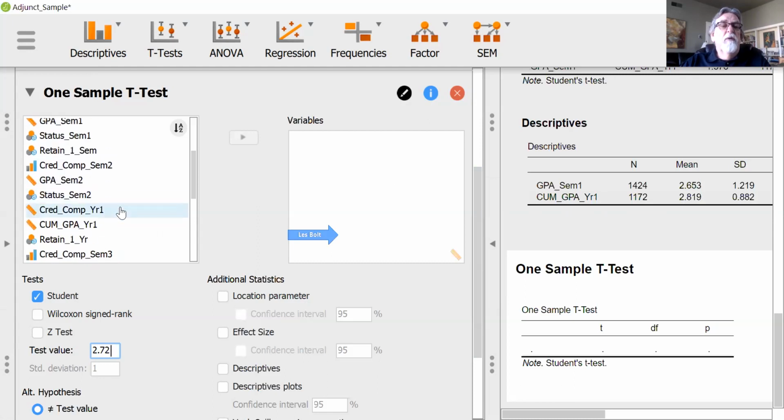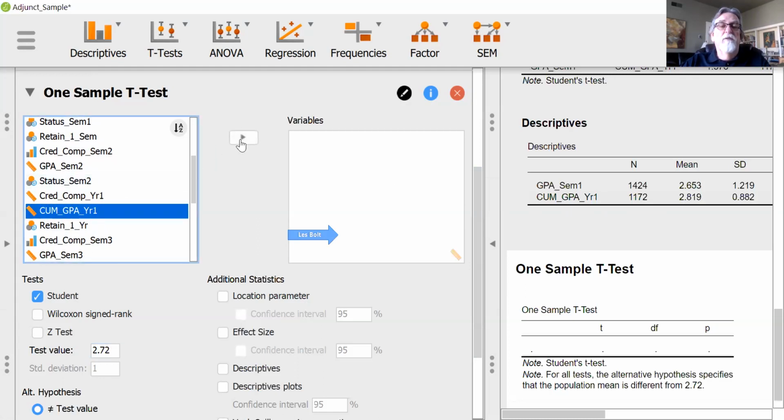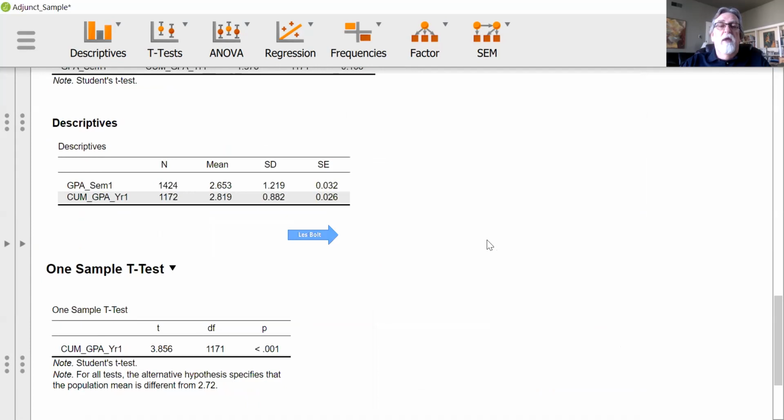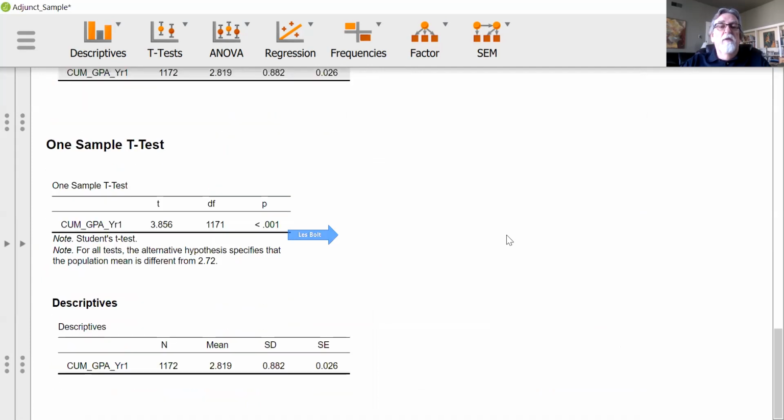And so we want to know if cumulative GPA year one is different from this test value. We'll run descriptives. And we find that indeed it is. The p-value is less than 0.001.